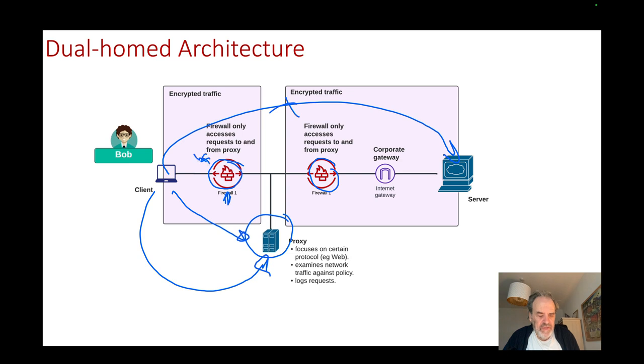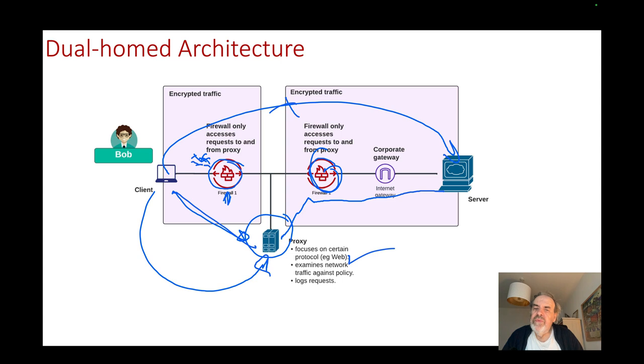So all other connections will be barred here unless they go to the proxy. This firewall here will only accept connections from the proxy and no other machine to a destination. In this way, we isolate the tunnels and we go through the proxy.